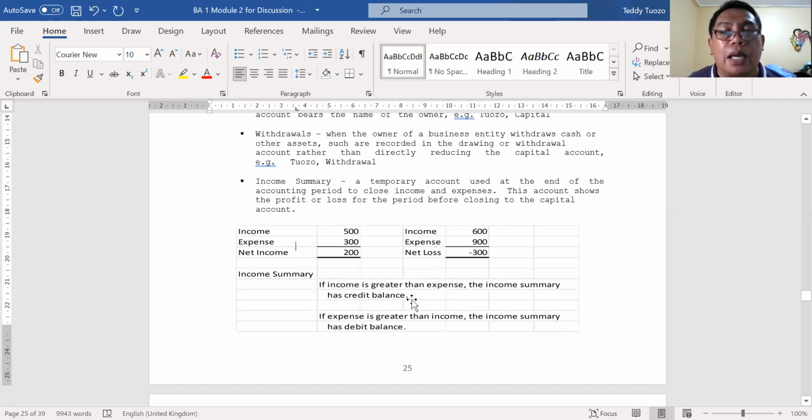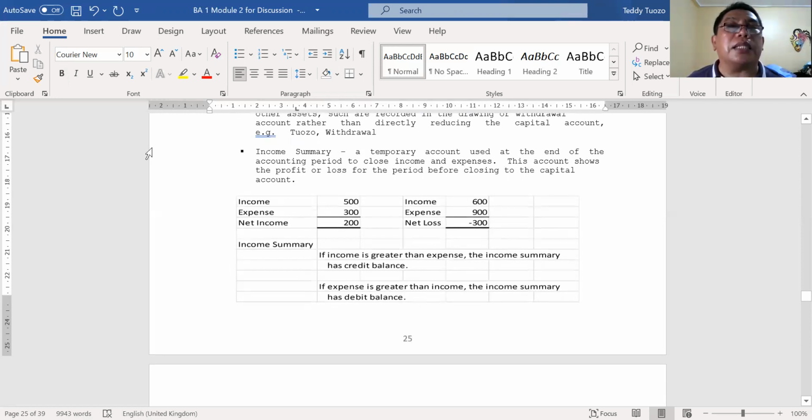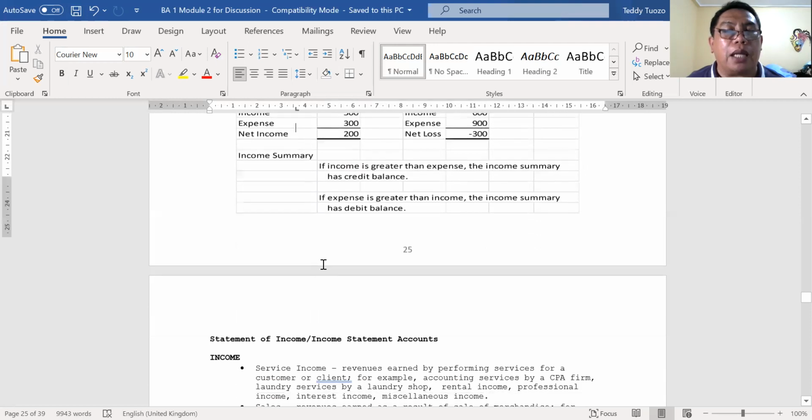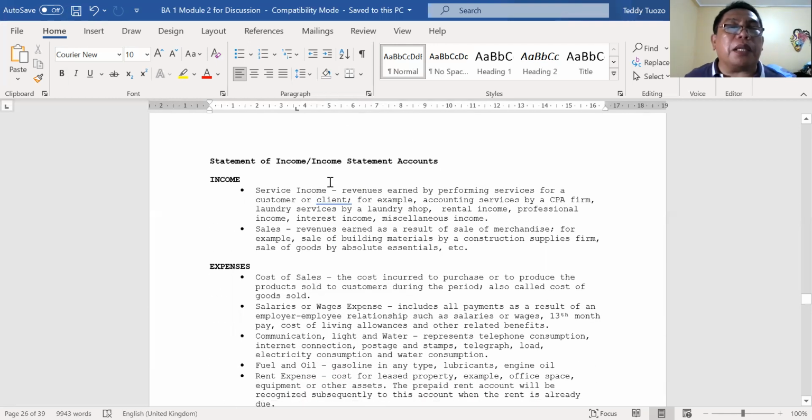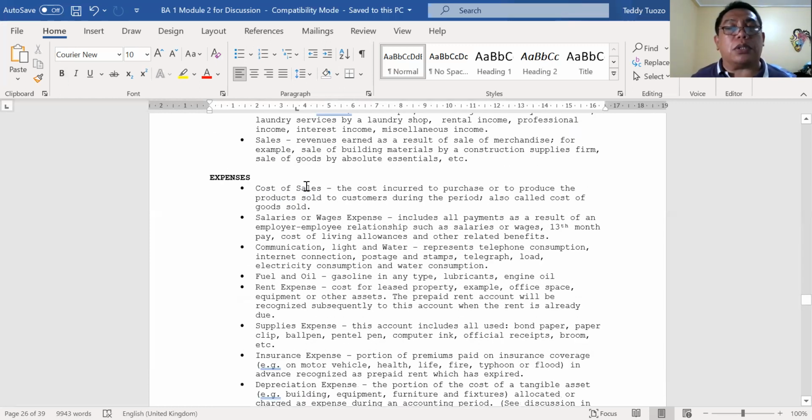So the income summary here has a debit balance, not like on the left side, which has a credit balance. Statement of income: now let's take up the income statement accounts. Remember, the elements are simply the income and expense accounts.